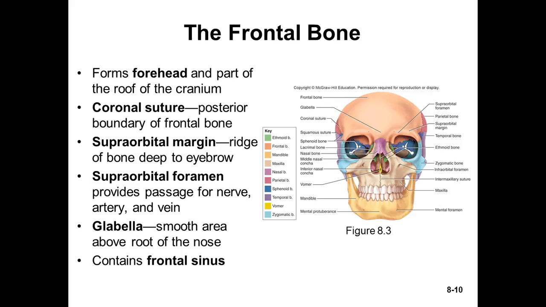Supraorbital foramen is a little hole that's on the supraorbital margin. You also have an infraorbital foramen as well. So, like I said, when you have a foramen, nerves, arteries, blood vessels, veins will pass through those. And your frontal bone consists of your what? Your frontal what? Sinuses.